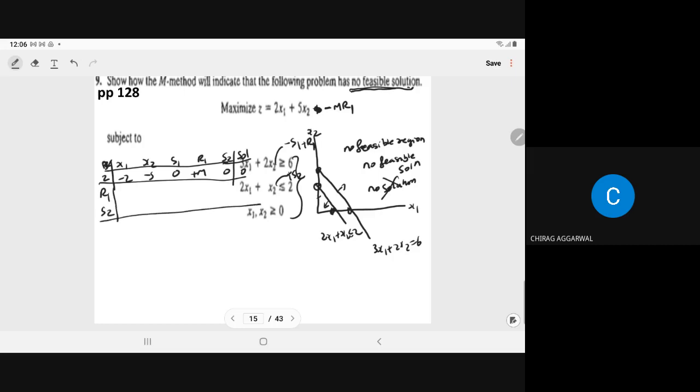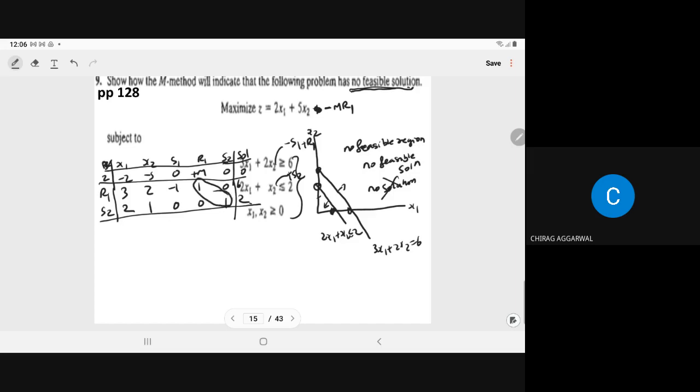The entries are 3, 2, then 2, 1, then -1, 0, then 1, 0, and 0, 1, and on the right-hand side we have 6 and 2. So you can see this will form the initial basic feasible solution.